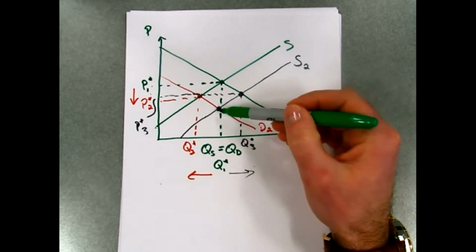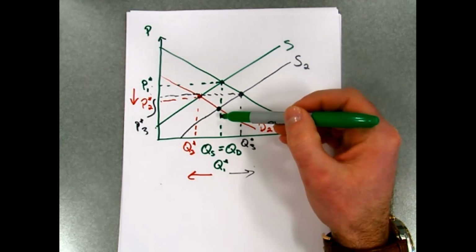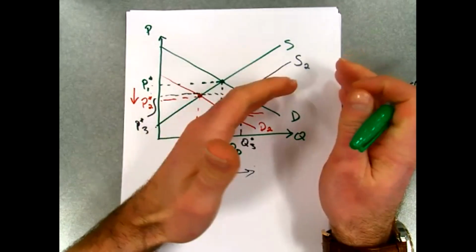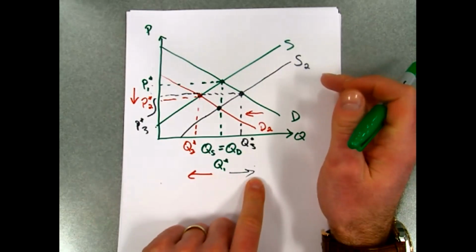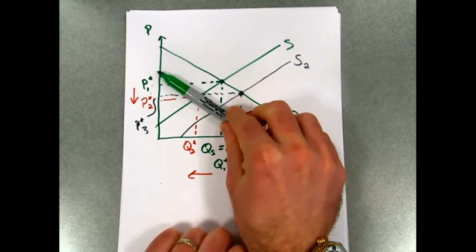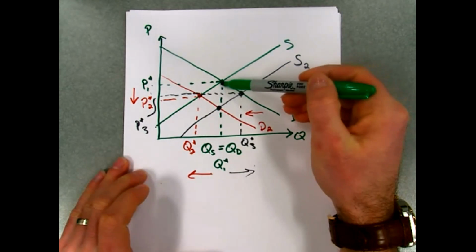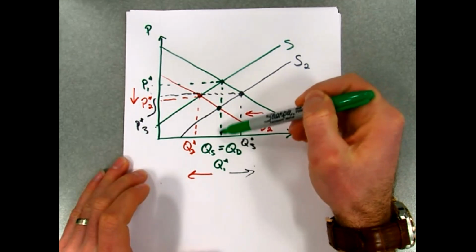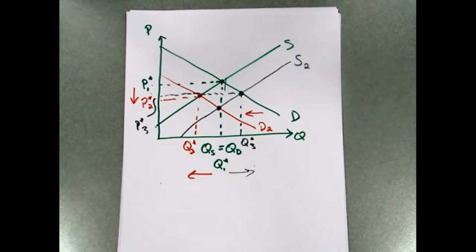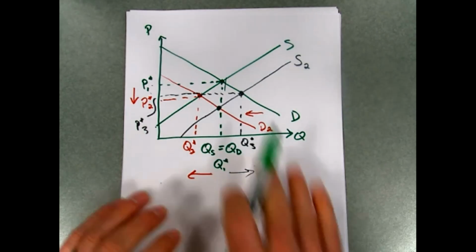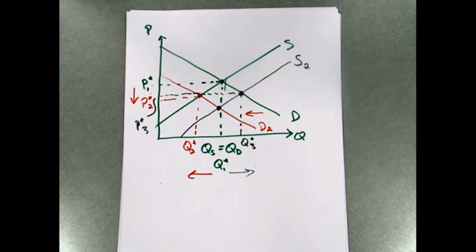I tried to draw this such that you can see, if they were equal shifts, remember the supply increase was causing quantity to go up, the demand decrease was causing quantity to go down. If they were equally sized shifts, what's going to happen to the equilibrium quantity? It's going to stay exactly the same. So it depends on how I draw this. If I draw one as a much larger shift than the other, then whichever one I drew larger is going to be the one that dominates, right?